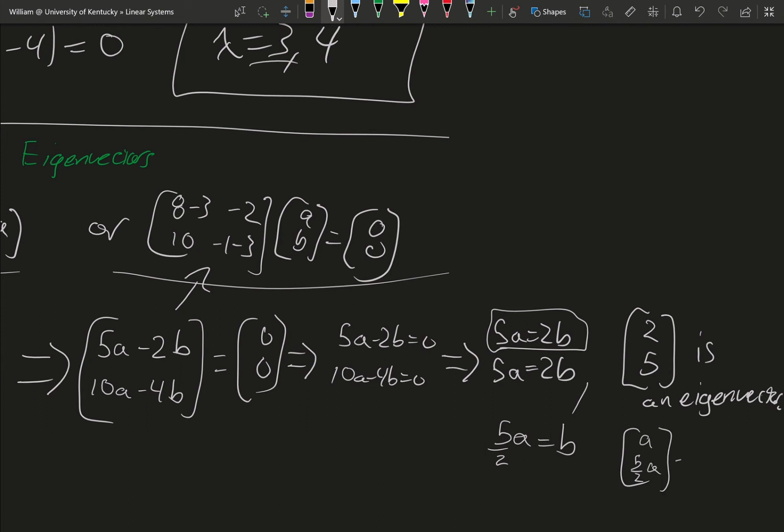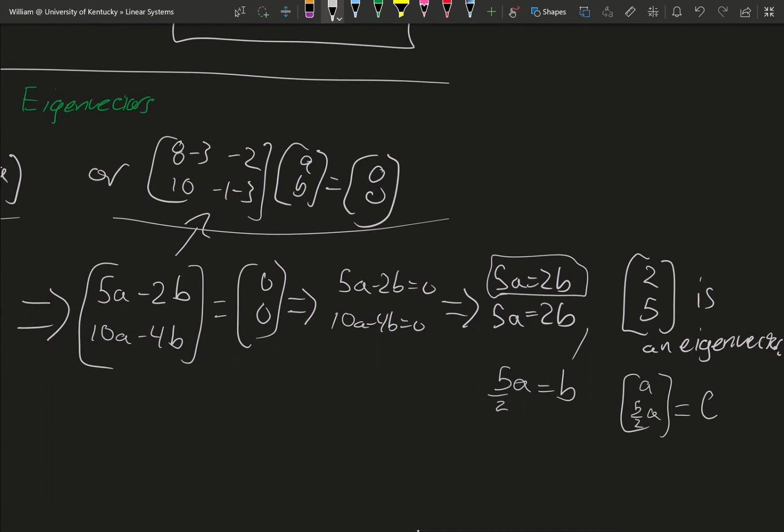However, if a is just an arbitrary constant, I want everything to be as nice as possible. So usually I would say all the eigenvectors are some constant c times, multiplying top and bottom by 2, (2, 5). So all eigenvectors are of that form.